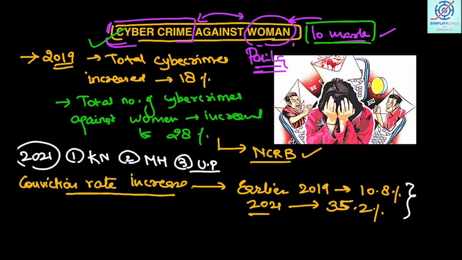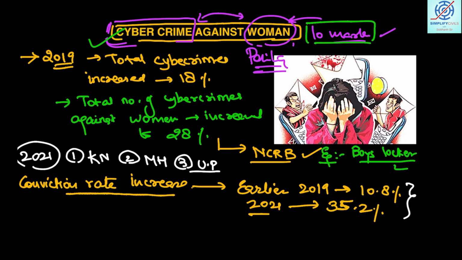So you see, there is a lot of increase in the conviction rate of the people who are responsible for attacking women. One such example is the boys locker group on Facebook, who used to mock the photographs of women and talk ill about girls and women, and the group of boys was caught.